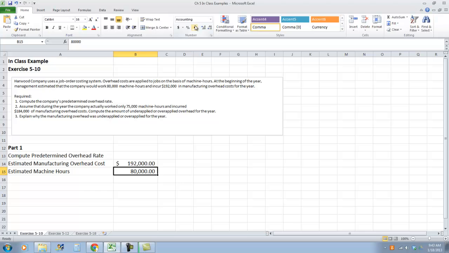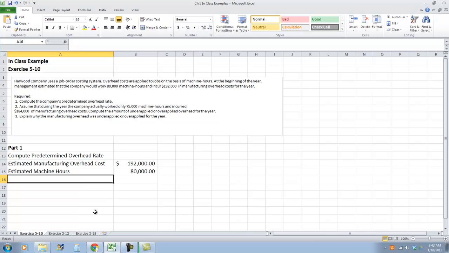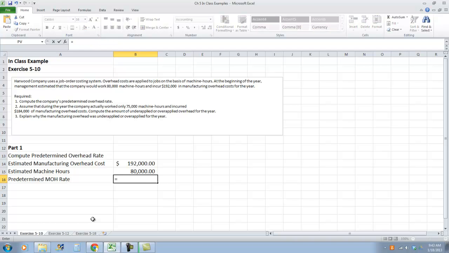Predetermined manufacturing overhead rate, MHO: 192,000 divided by 80,000 hours.